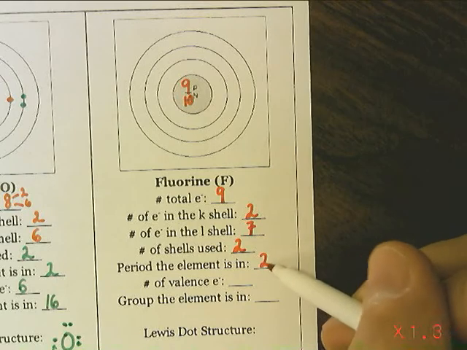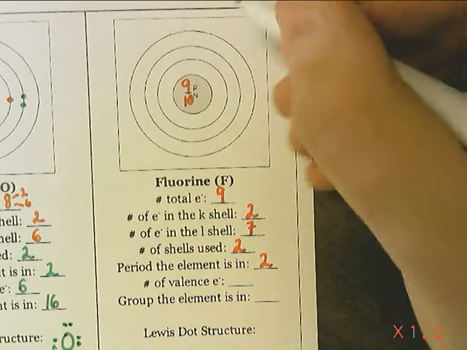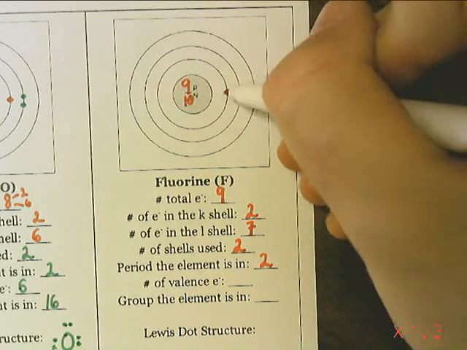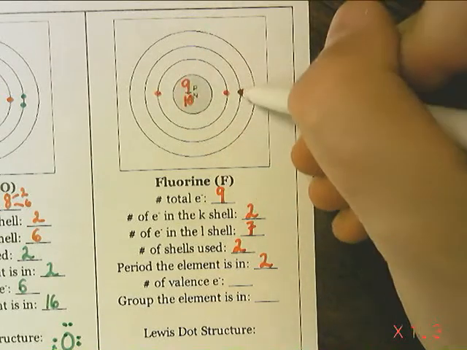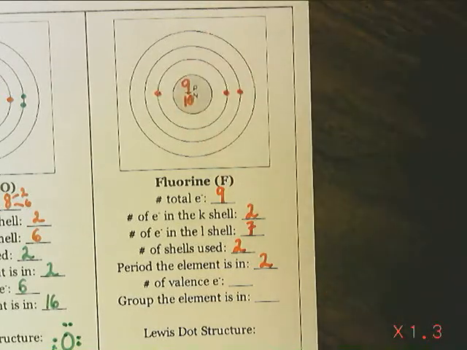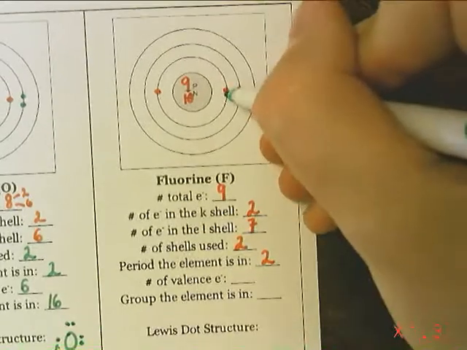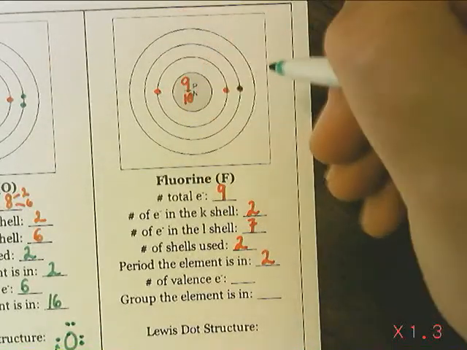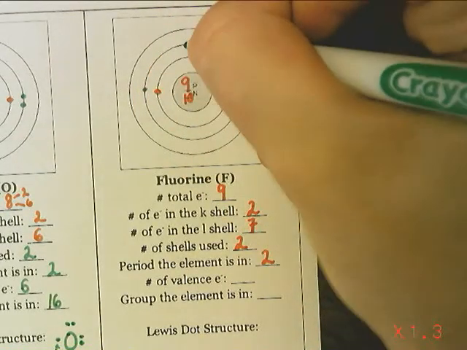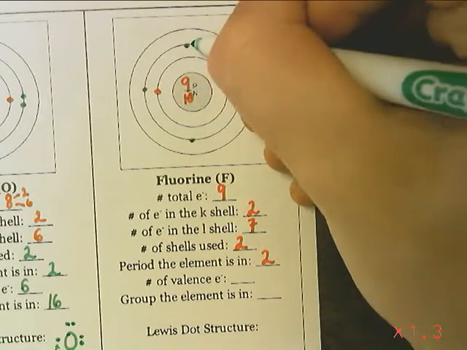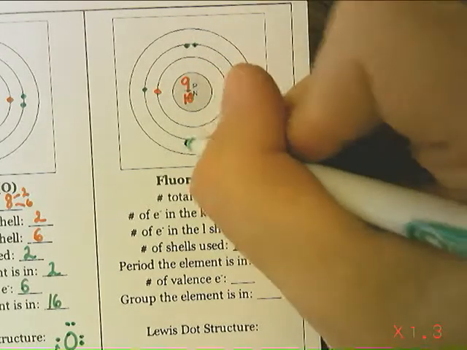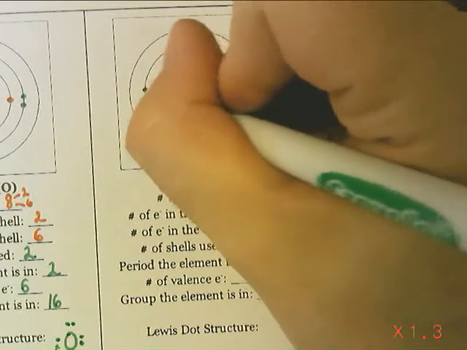Fluorine is in period 2. Here we go. 1, 2, 3. Oops, that should be green. 1, 2, 3, 4, 5, 6, 7, 8, 9, X.